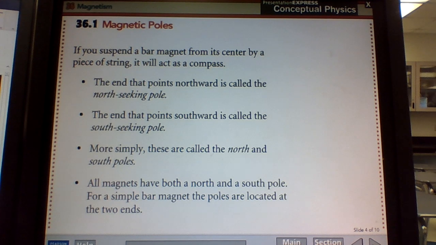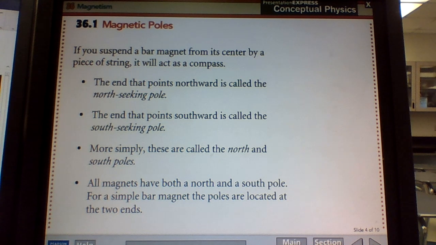So if we take a bar magnet, hold it by its center, by a piece of string, something like that, it will act just like a compass. Essentially, there's an end that is going to point northward, which we call the north-seeking pole. And there's an end that points southward that we call the south-seeking pole.